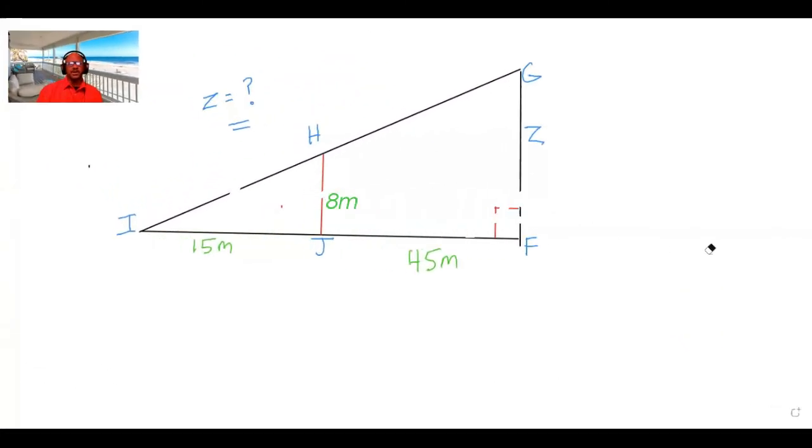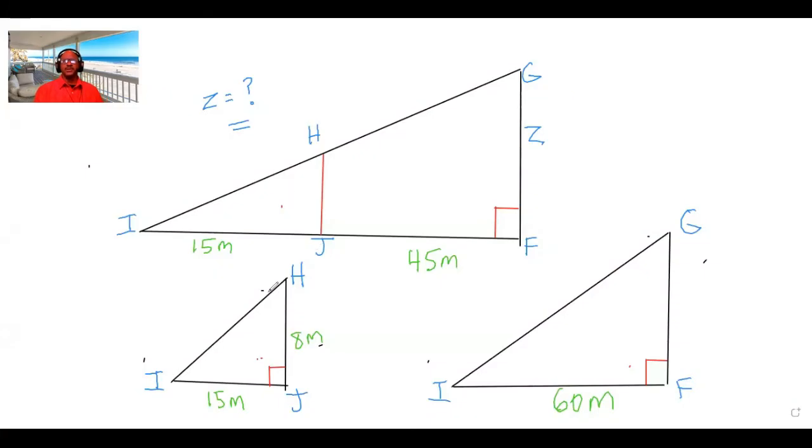This particular triangle here, there's actually two triangles within one, so I would just separate the two. So let's go ahead and do that first of all. Break the two triangles up since there's two triangles within one, and then make sure you put the appropriate numbers here. If you notice that the larger triangle here has 60 millimeters here, not 45, because it encompasses both of these two triangles together as far as the bottom part here.